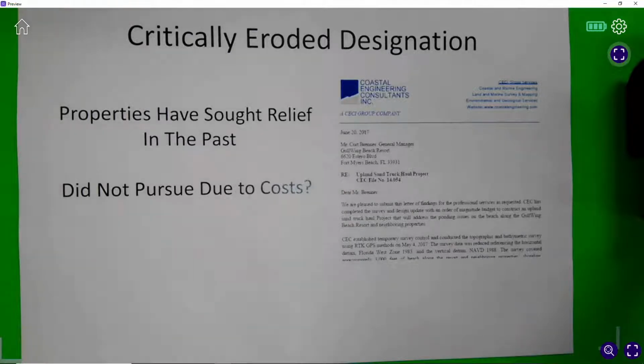So there's a technical report back from 2017 from engineers showing how much volume of sand would be required to fill that area to give it the proper slope for positive drainage, and to alleviate the ponding issues. My understanding is they didn't pursue that due to cost.